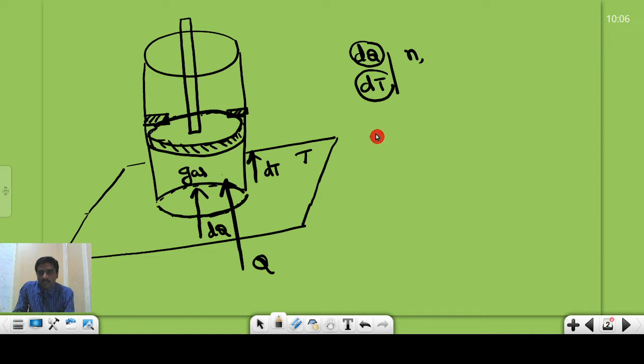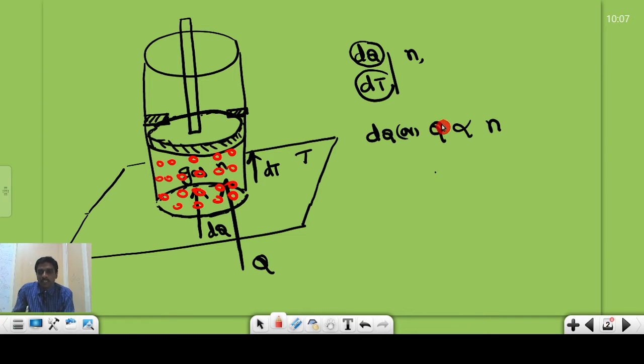Now the amount of heat energy dQ, or Q, supplied to the system: the absorption of heat energy by the system is directly proportional to the number of moles present in the container. If more moles are present in the container, then more heat energy can be absorbed from the hot substance at the bottom surface of the cylinder.